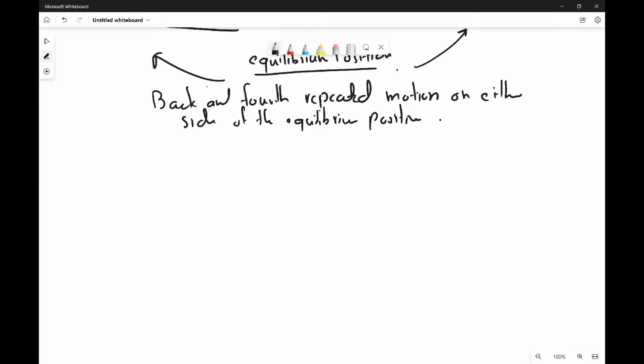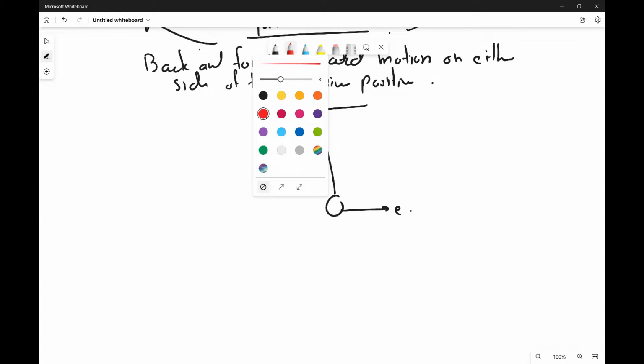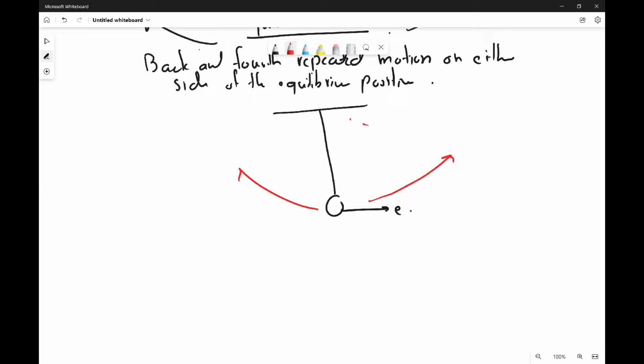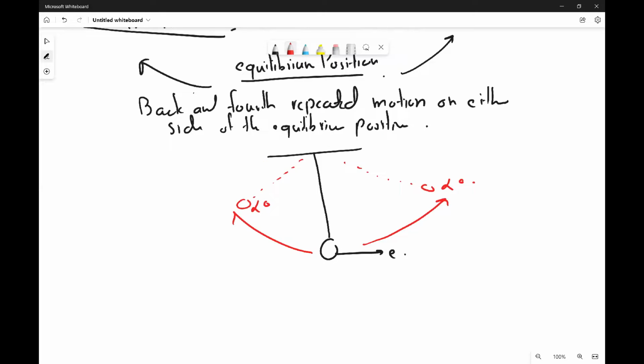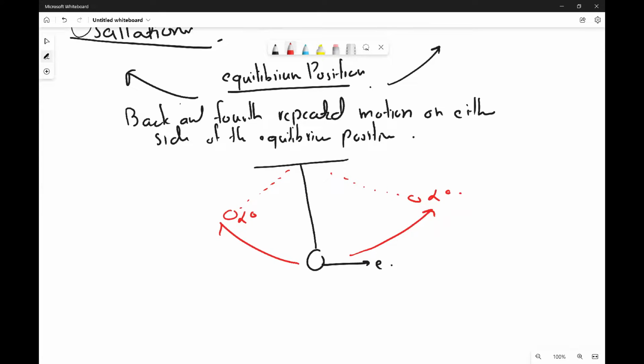For example, if you have a pendulum here, this is the equilibrium position, and the pendulum moves on both sides of the equilibrium position. This is the rightmost extreme, this is the leftmost extreme. Or you could say x naught is the maximum displacement on both of these sides. This is what an oscillation is.